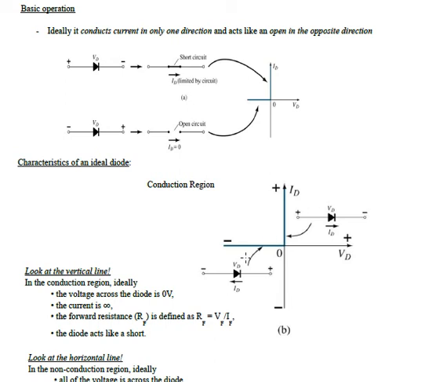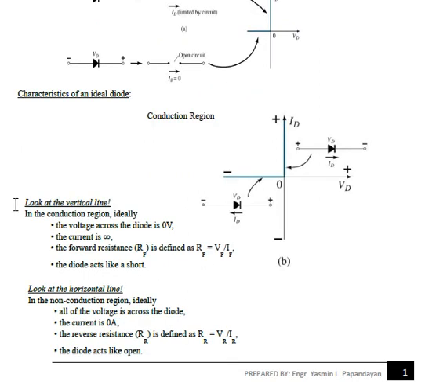If it is not in a forward bias, the current will not go from one terminal to the other. Look at the vertical line. In the conduction region, ideally the voltage across the diode is 0.